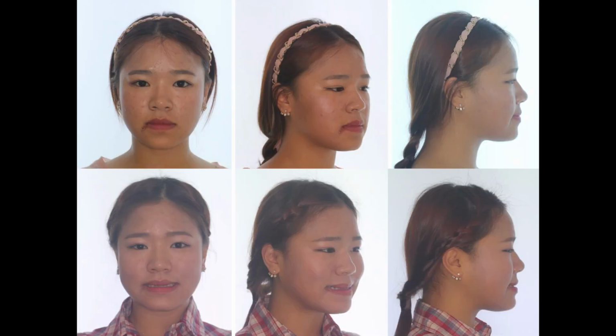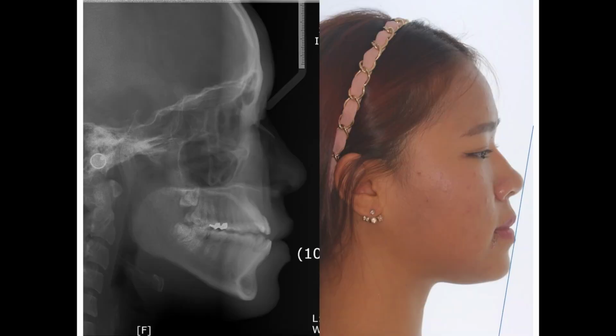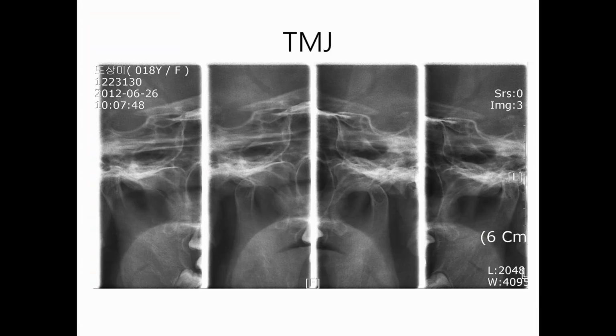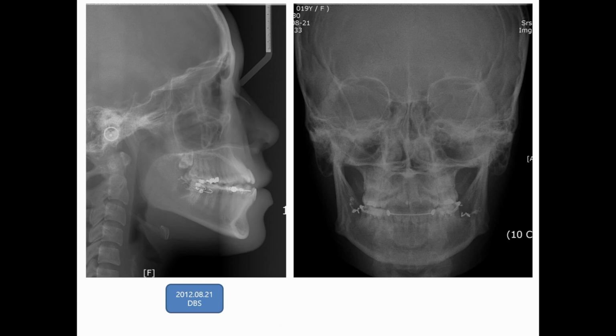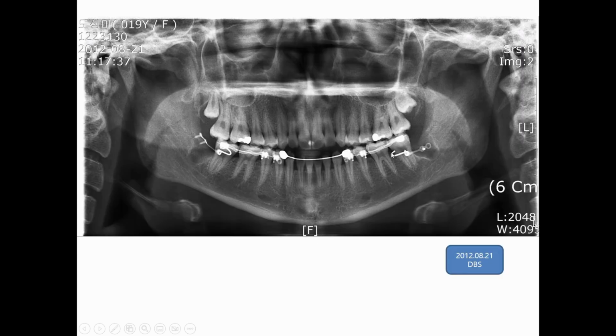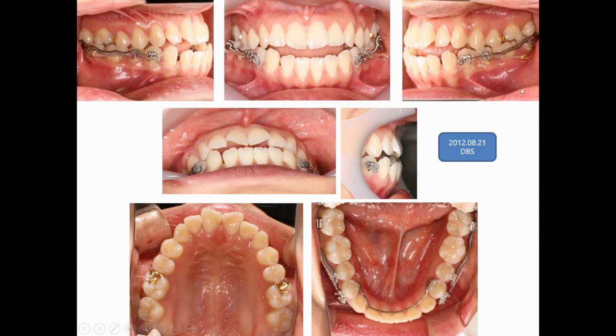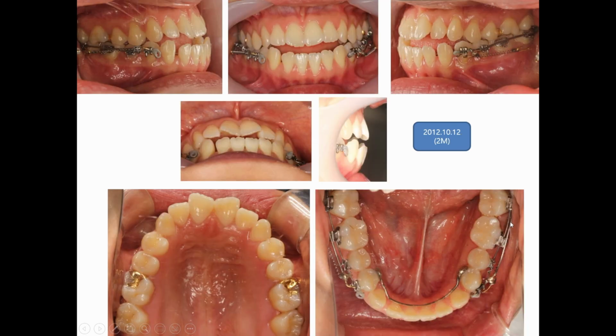That is my student idea. So he positioned C2 after extraction of third molar. Look at, okay? And then start to push back.